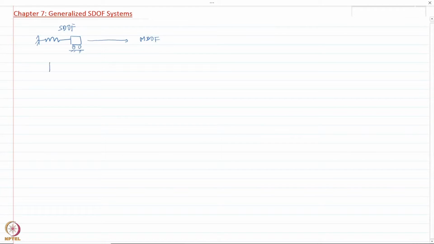Okay, now in order to make that transition, we're first going to learn how we analyze a continuous system. For example, let me take the example of this cantilever beam here. Depending upon how many points we consider on this cantilever beam, in general, a continuous system would have infinite degrees of freedom.